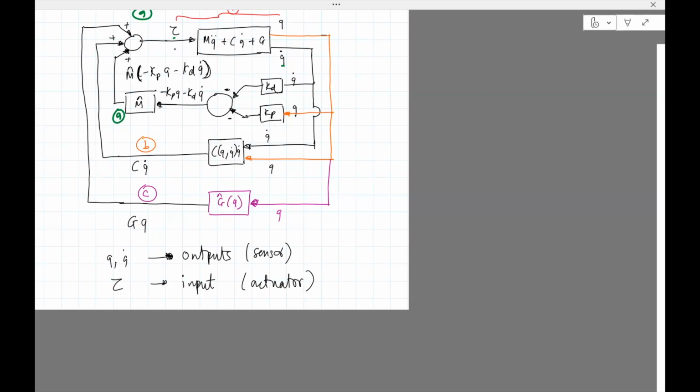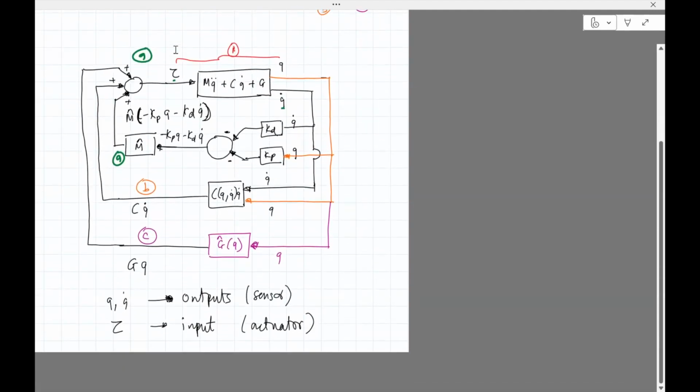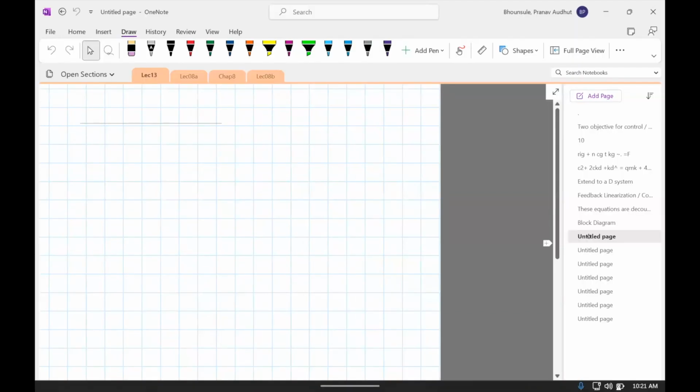Okay, so what we'll do next is we'll see how to apply what we did on various problems. So this was a spring mass damper. There are a lot of code examples today.